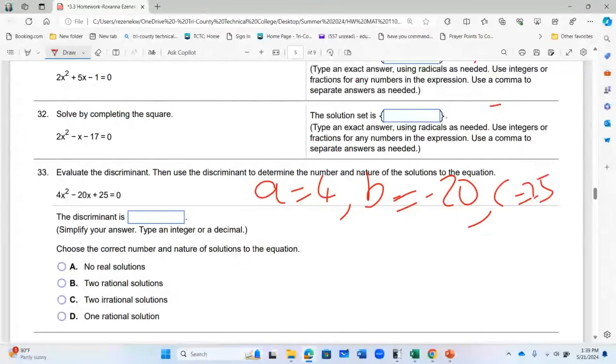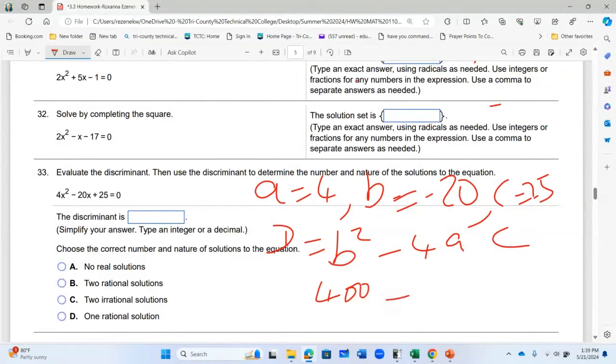The discriminant is b squared minus 4ac. b squared is -20 squared, which is going to be 400. 20 times 20 is 400. And it doesn't matter because a negative squared is positive. Minus 4 times a is 4, c is 25.